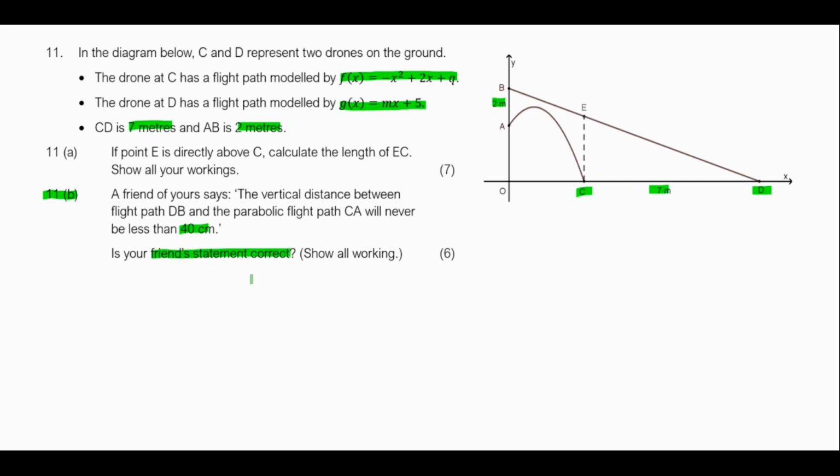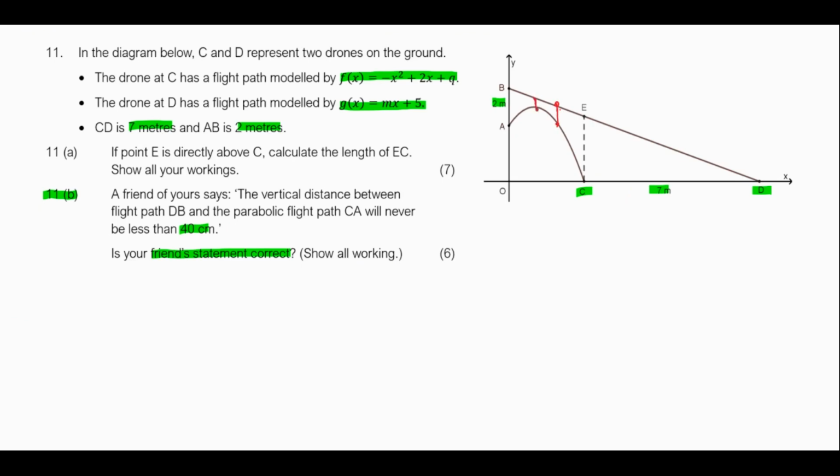We need to find out if this statement is correct, and we have to show all the calculations. What do we mean by this? It means the vertical distance between these two paths can be anywhere. It can be maybe here, it can be even there.